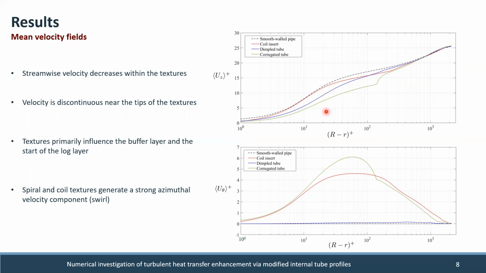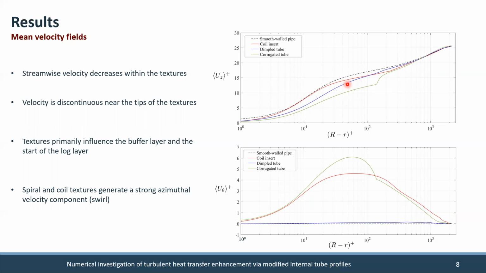As you can see here, the streamwise mean velocity is decreased inside the grooves in the corrugated tube. The green one is the corrugated tube. Behind the dimples, the blue one is the dimple tube, and also behind the coil in the coil insert case, the red one.